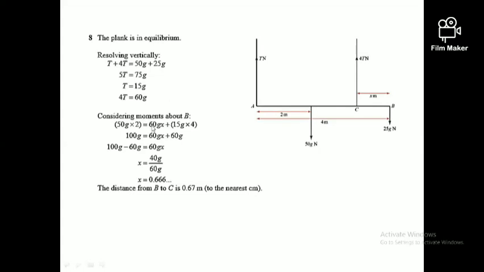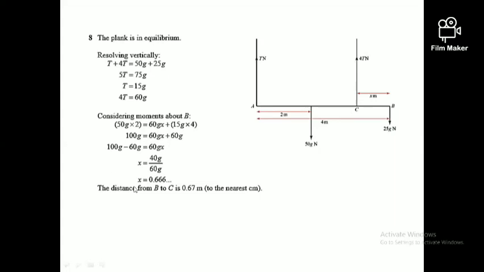2 times 50G equals the value for this much. This value is 4T, that is 60G, 60G times X, plus this length is 4, 4 times 15G, T is 15G. So you can get the answer: 50G times 2 is 100G, equals 60GX plus 60G.